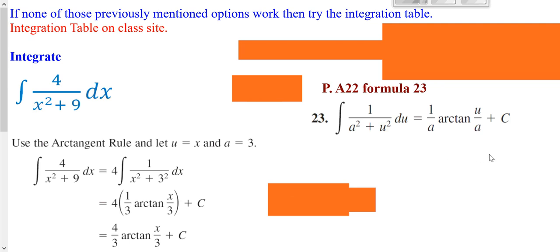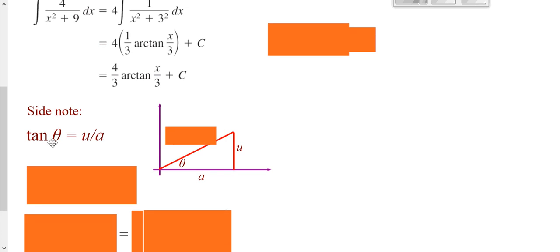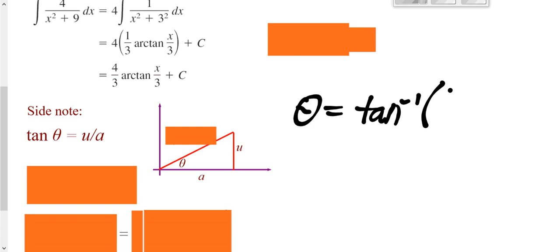Now, as a side note, you might be wondering, well, where does this come from? Well, consider this. If you started out with, we'll switch it to this. And if you wanted to start out with, let's see, theta is equal to the tangent inverse of u over a.